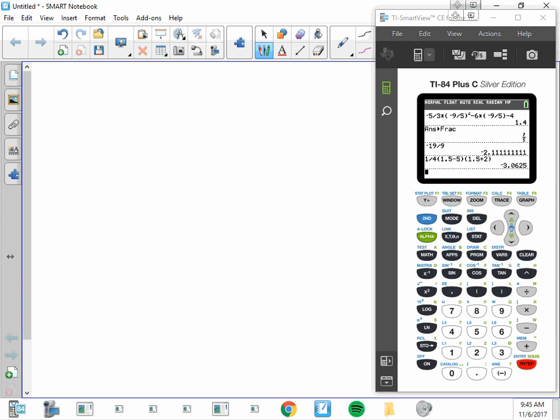Okay? What if I had a polynomial and I knew that the roots were 3 and 2i? Could you tell me what the equation is? Well, I need the other root. The other root is negative 2i. One's negative, one's positive. Okay.